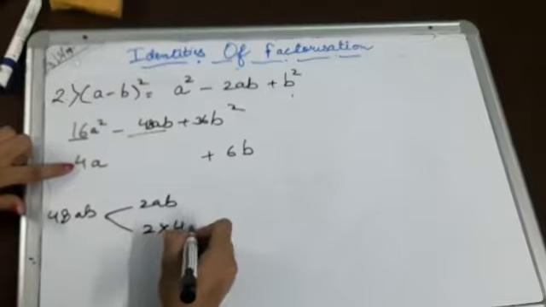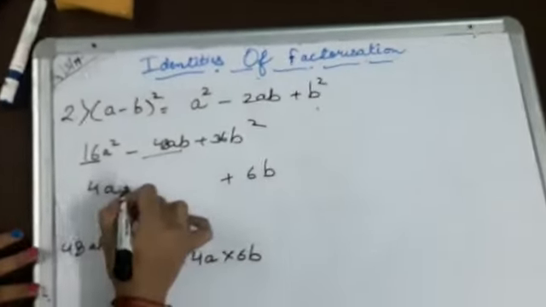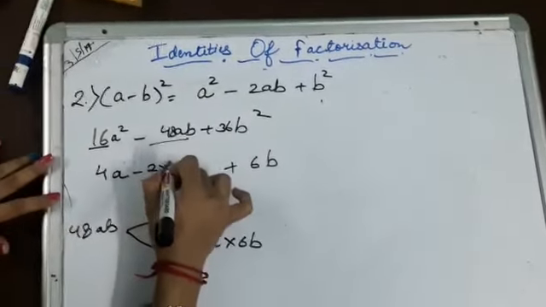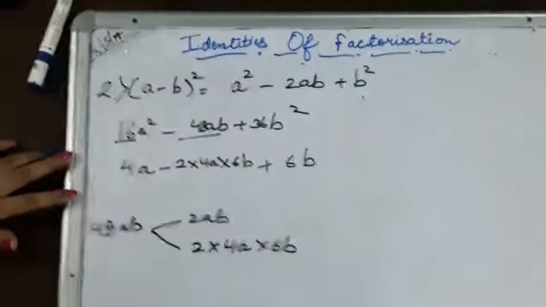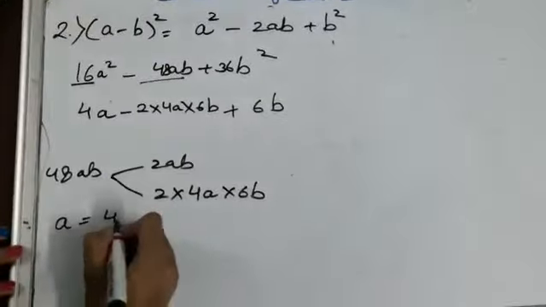2 as it is. What is the value of a? The value of a is 4a, and what is the value of b? That is 6b. So how do we write? Minus as it is, 2 multiply 4a multiply 6b. In this way we get a as 4a and b as 6b.